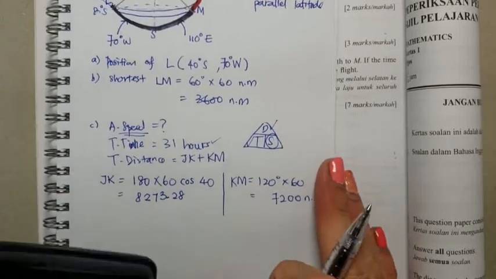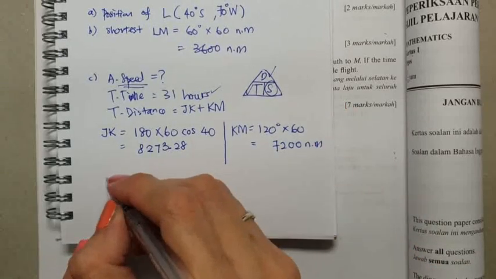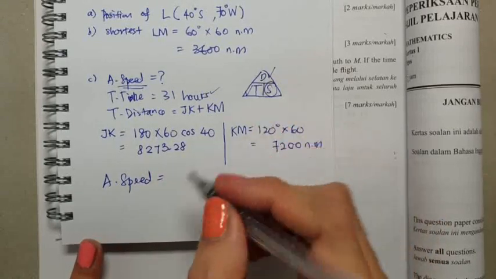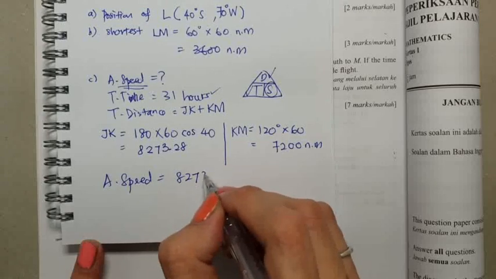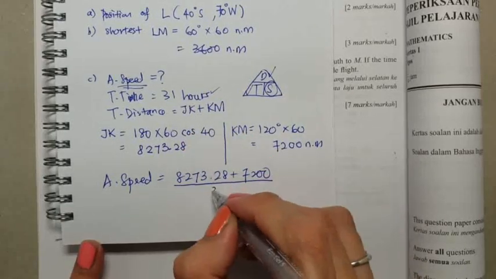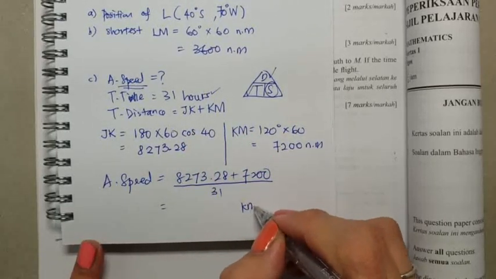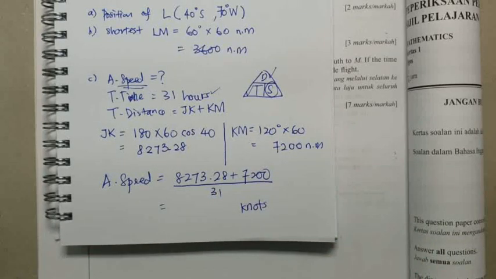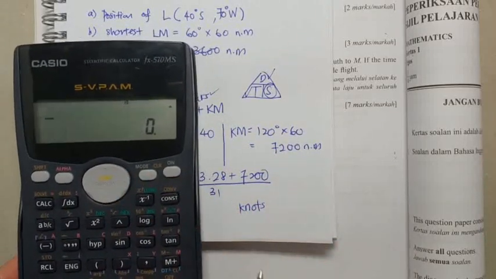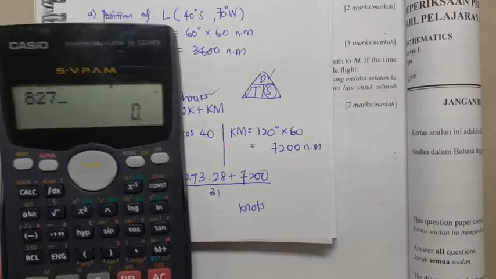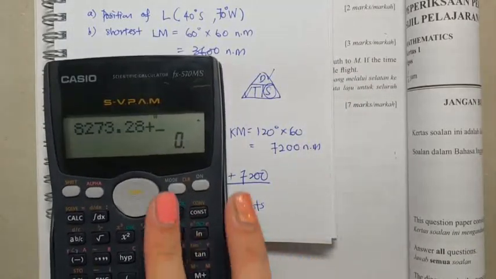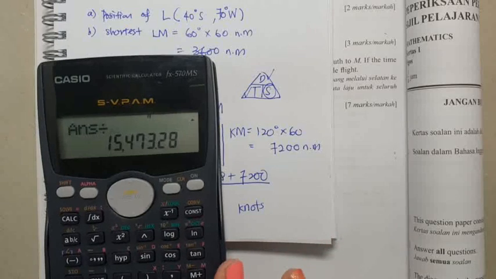Okay, and therefore to find the total average speed according to the formula, total distance, so we take this plus this: 8273.28 plus 7200, divided by the total time, which is 31 hours, and that will give us the answer in the unit of knots. So 8273.28 plus 7200, and then total divided by 31.